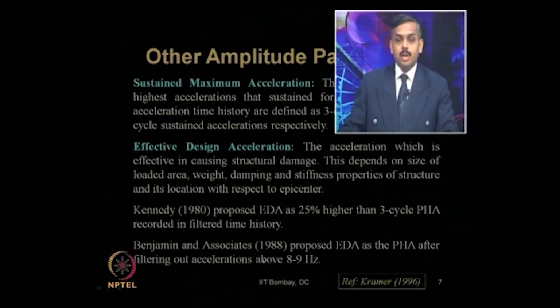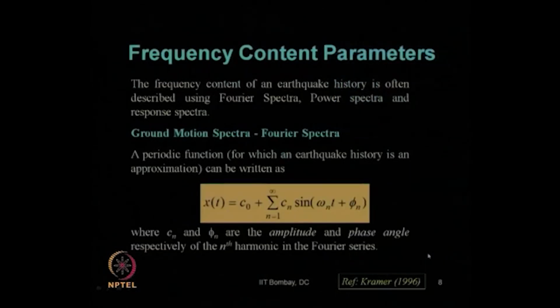Benjamin and associates proposed that if you filter out all the higher frequencies, that is above 9 hertz, then whatever PHA value the filtered acceleration time history gives, you can directly use that as your effective design acceleration.